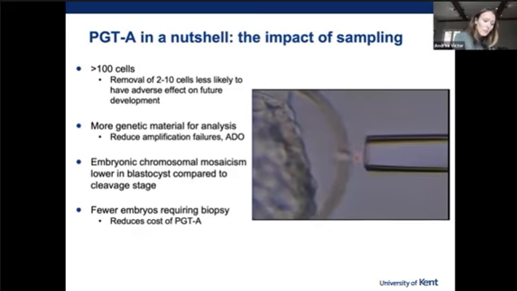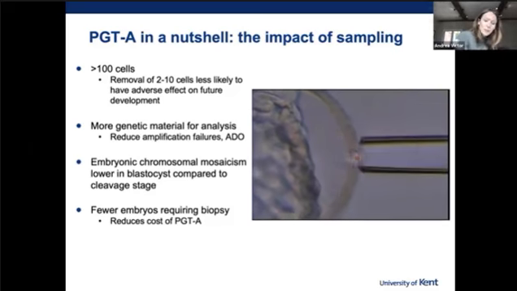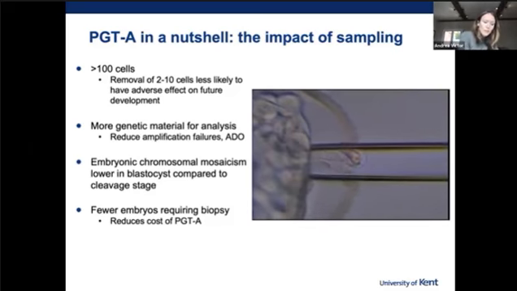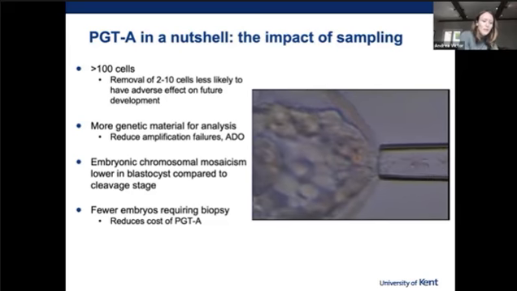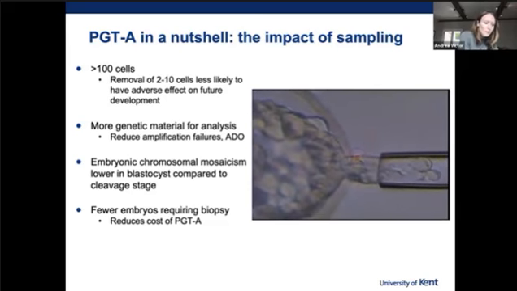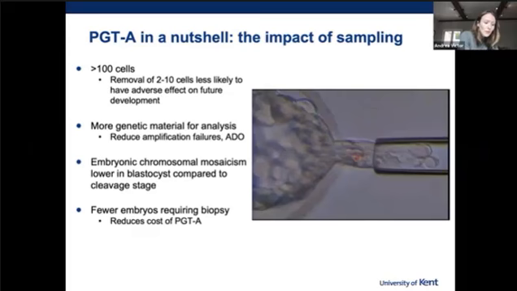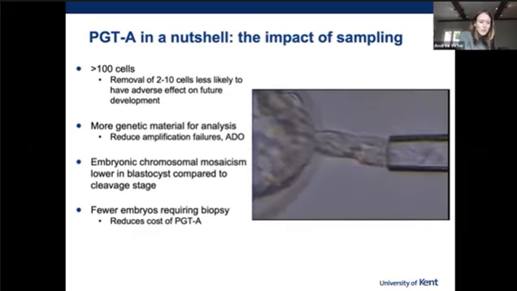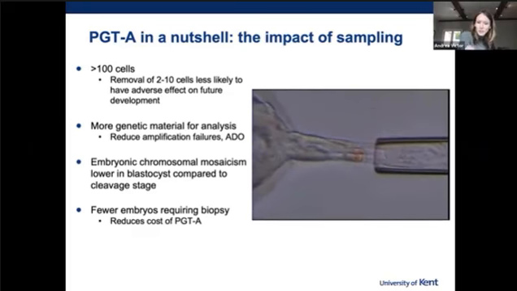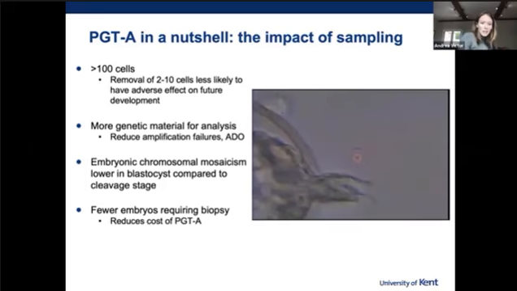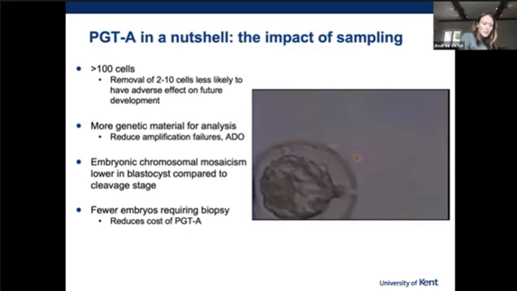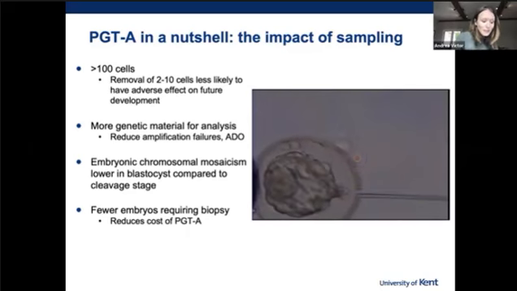So this typically translates into fewer amplification failures, a lower chance of misdiagnosis, and allele dropout. Also, we know that chromosomal mosaicism is lower in blastocysts compared to their cleavage stage counterparts. And notably, it reduces the cost of PGT-A, since fewer embryos require biopsy, as fewer embryos will reach the blast stage due to attrition.